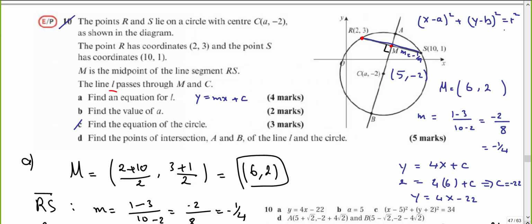We don't have the radius. So how to find the radius? Yes, I told you this before. To find the radius, y2 minus y1 over x2 minus x1. This is the rule for finding the radius.